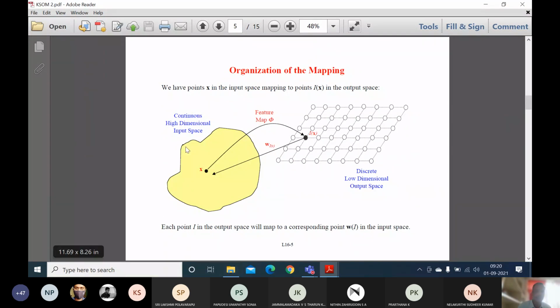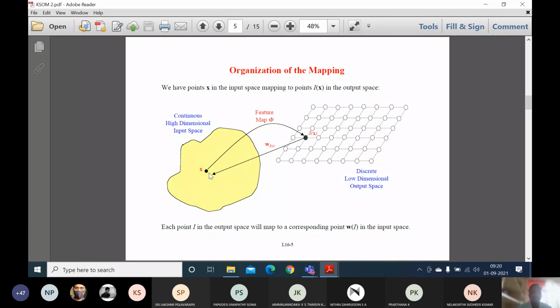So this may be considered as an entire scene. This yellow image can be considered as the environment. It is a continuous high dimensional input space, because continuously I am able to grab or collect certain information via various sensory input channels.